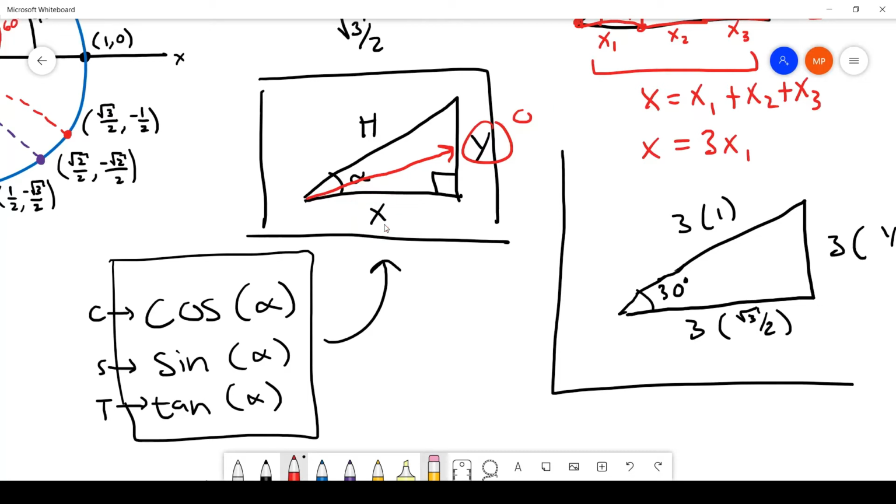But I can easily change this up and say, actually, I want to look for this other angle. This other angle I'll call beta. And if I'm looking at this angle, then I'm going to be looking directly across. And looking directly across from beta, I'm going to see that x is actually my opposite now.